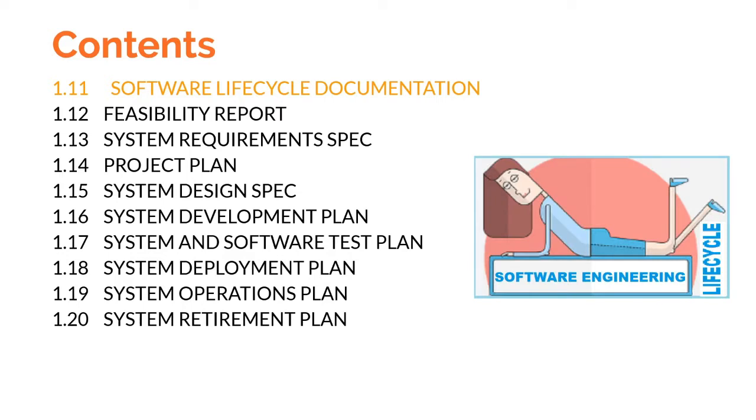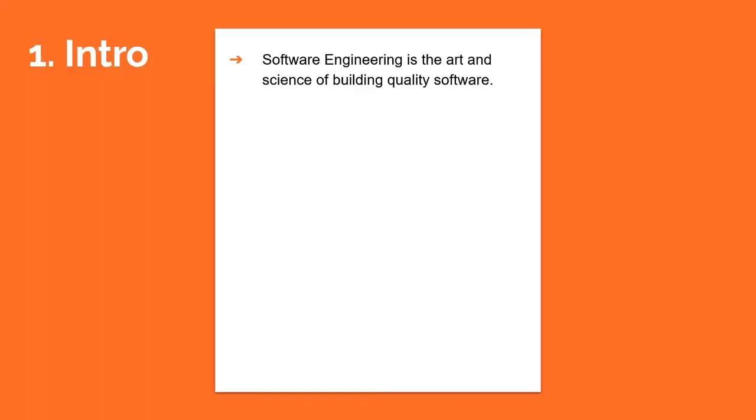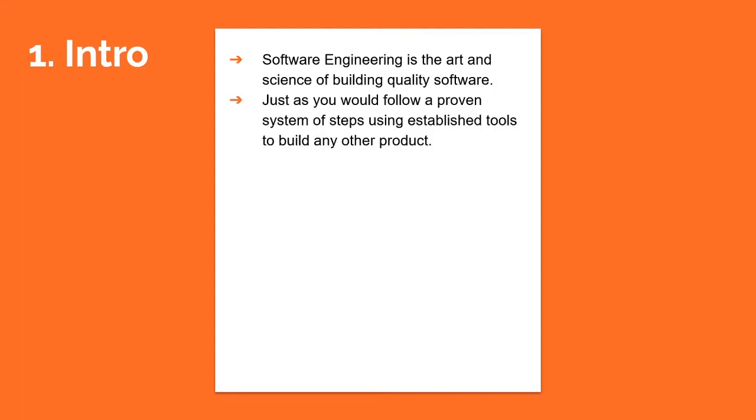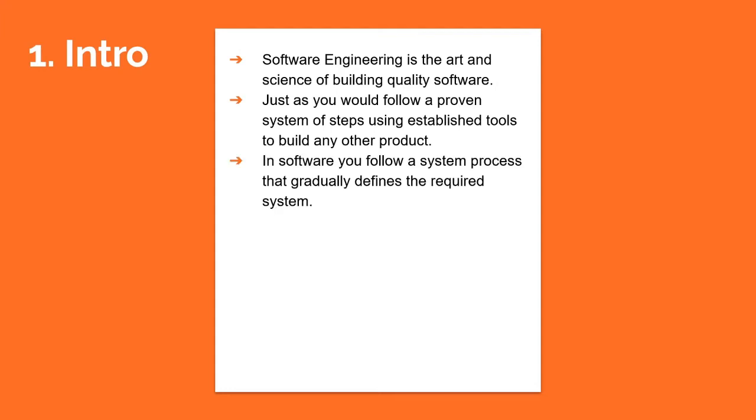Introduction. Software engineering is the art and science of building quality software. Just as you would follow a proven system of steps using established tools to build any other product, in software you follow a system process that gradually defines the required system.